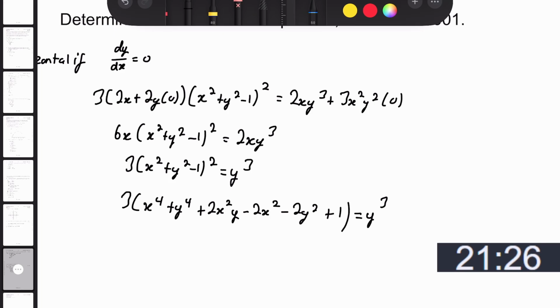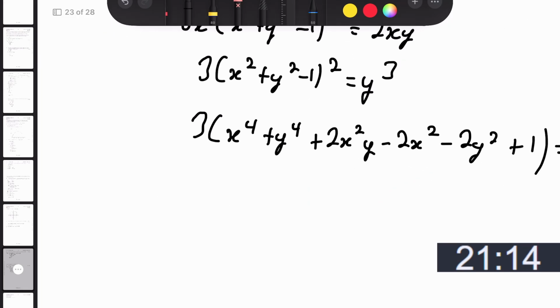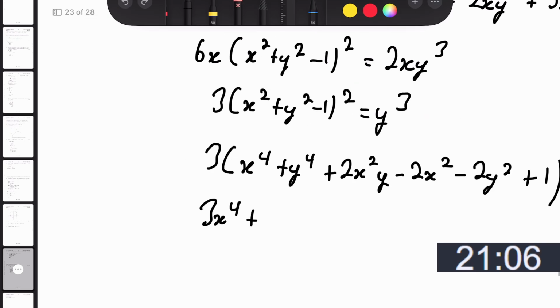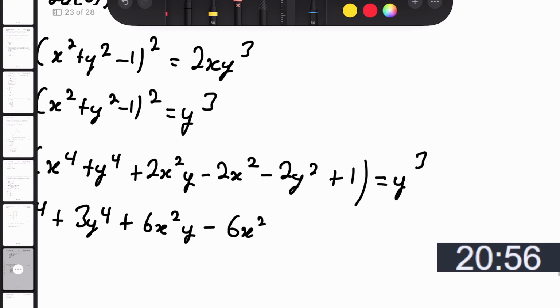So give me y. 3y to the 4 plus y to the 4, 6x squared y minus 6x squared, 6y squared plus 3 equals y to the 3.